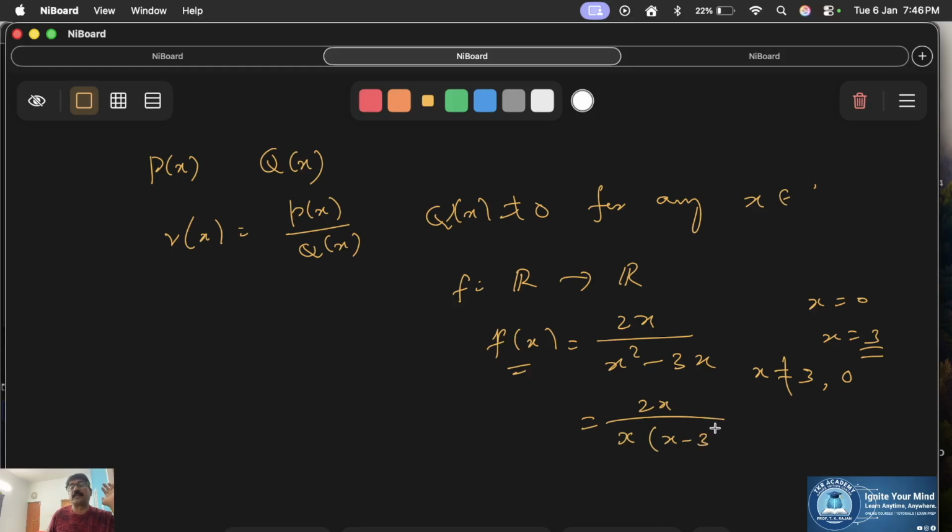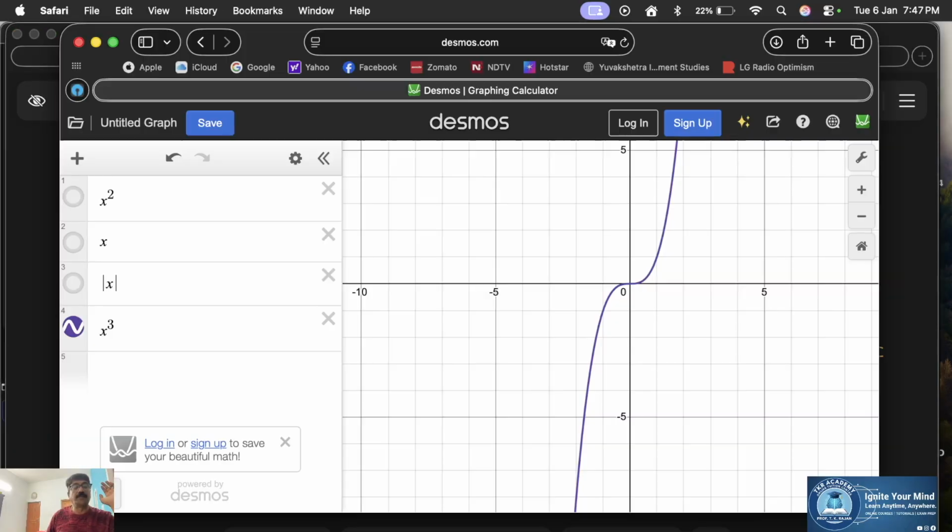Now cancelling this x, you get this function is 2 divided by x minus 3. So this function is not defined only for x equal to 3. When you draw the graph of the function 2x divided by x square minus 3x, you will get a graph by using Desmos.